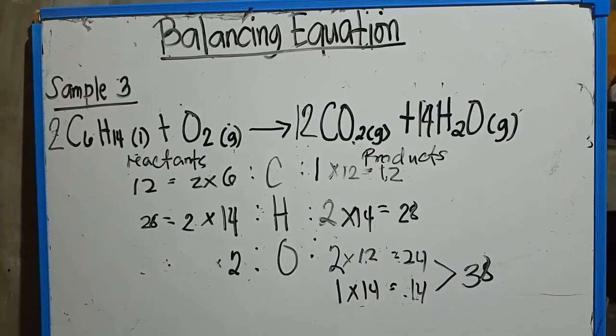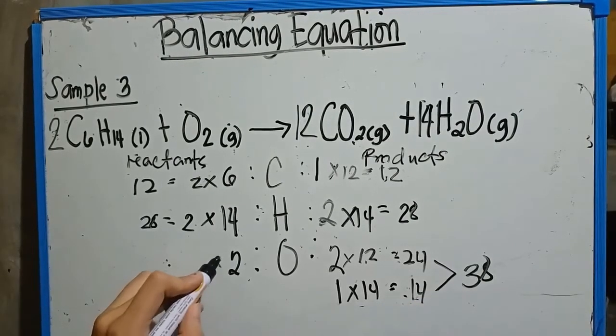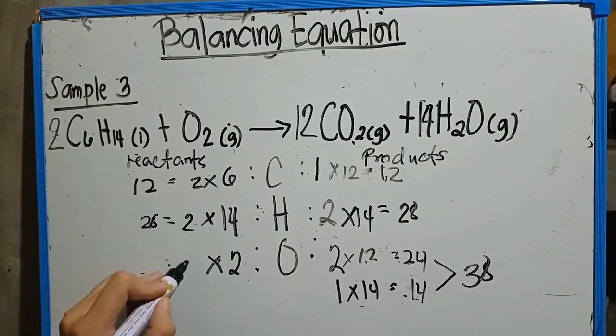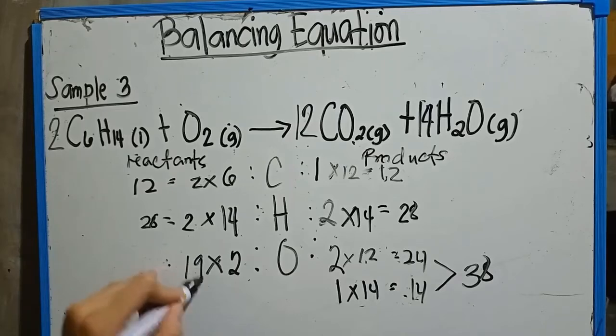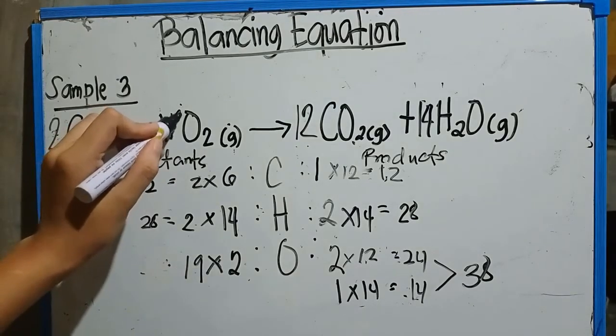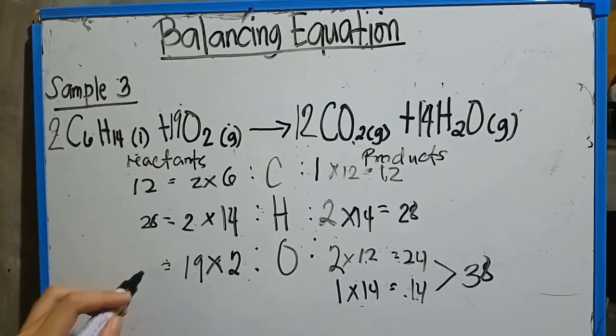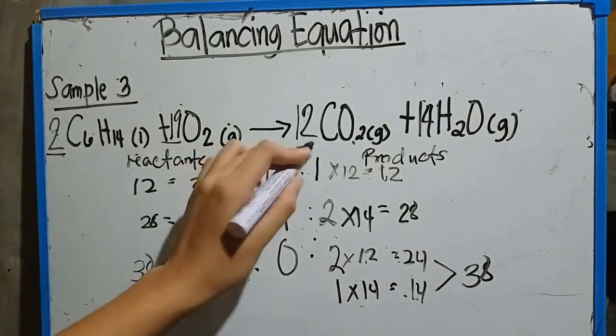So, since atong oxygen naman lang ang di na ito mabalance, why not we use a number nga mag-equal sa 38? So, unsay mag-equal sa 38? So, it is 19. So, write 19 here. So, 19 times 2 is equivalent to 38. So, it is balance. Our reactants and our product is balance.